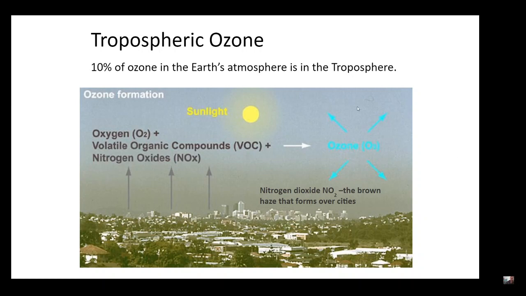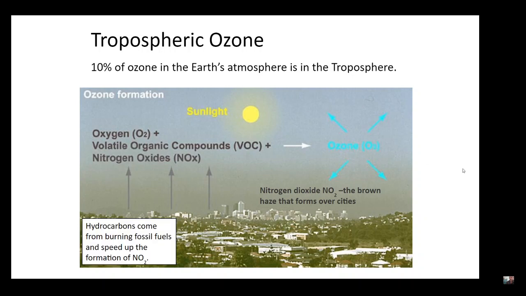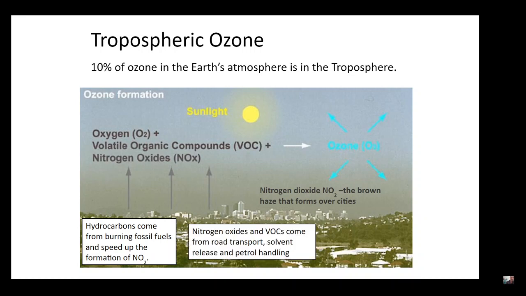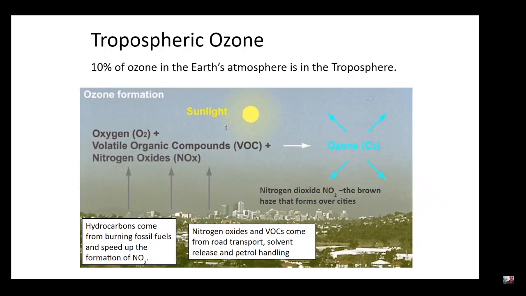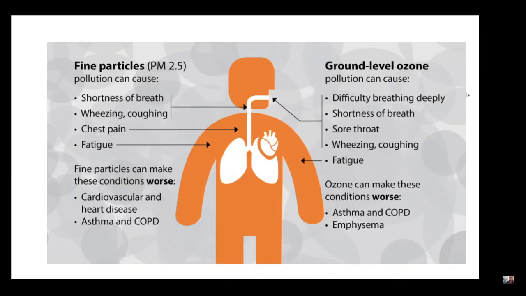So once again, ozone is a secondary pollutant. Hydrocarbons come from burning fossil fuels and speed up the formation of NO2. Nitrogen oxides and VOCs come from road transport, solvent release, and petrol handling. Those go up, they break down through the sun, and then ozone is formed.